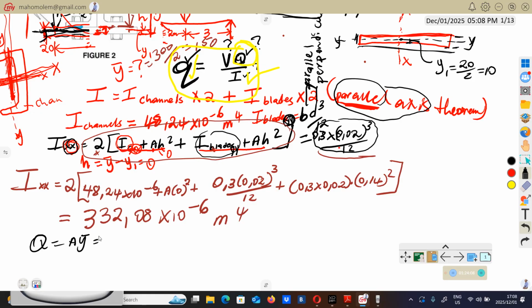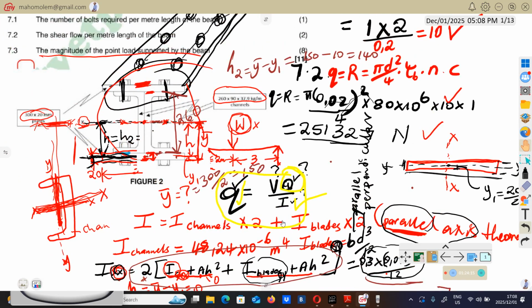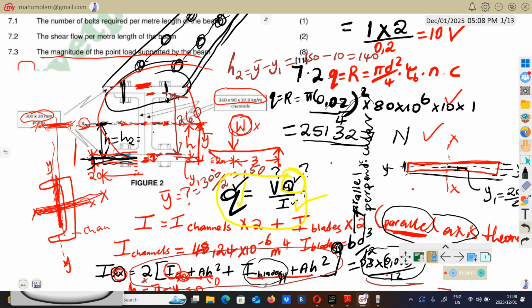So this Q, remember our point of interest is the joint here. This is where the shearing is going to occur. Here, where we're going to have a joint.